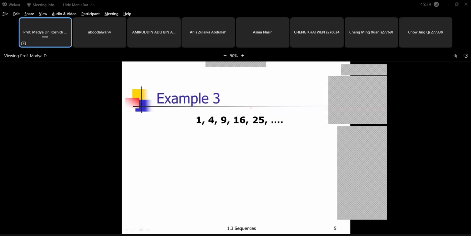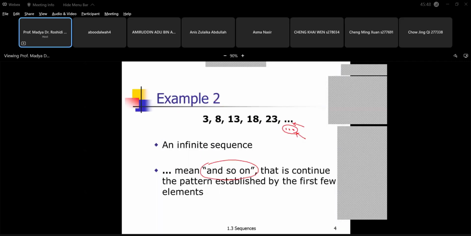Okay, another example. Given to you 1, 4, 9, 16 and 25. Okay, before that, once we refer to example 2, once we look at these sequentials, we can see the pattern. First, this pattern is in ascending order.